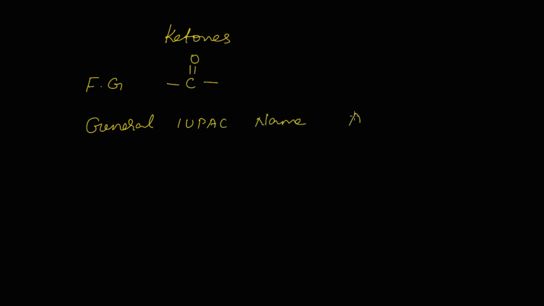Ketones. The functional group of ketones is single bond C, double bond O, C. This is the functional group of ketone. The general IUPAC naming is alkane plus one.